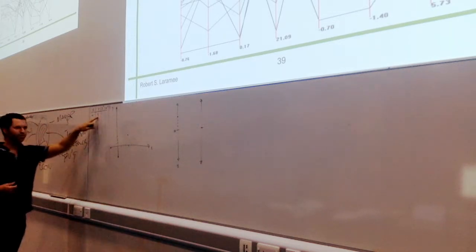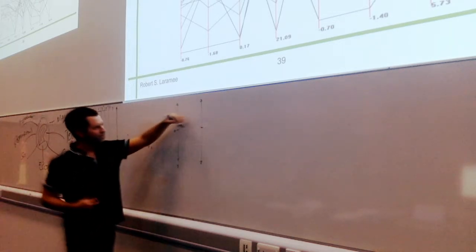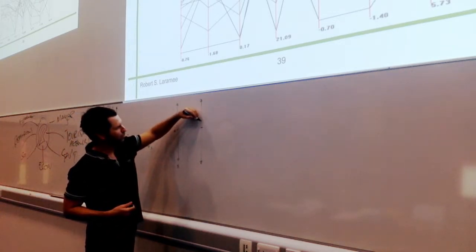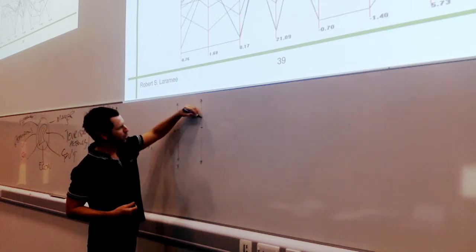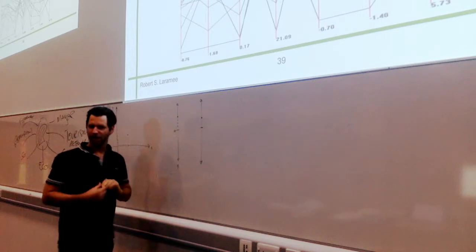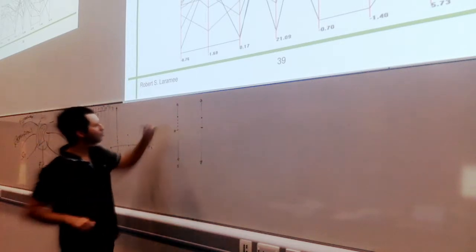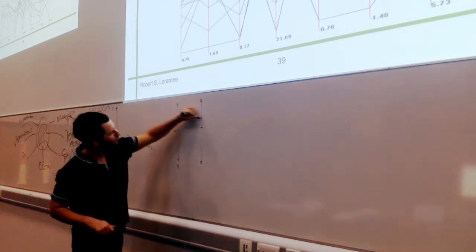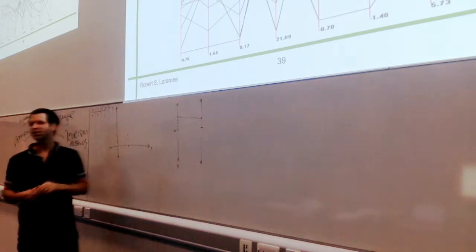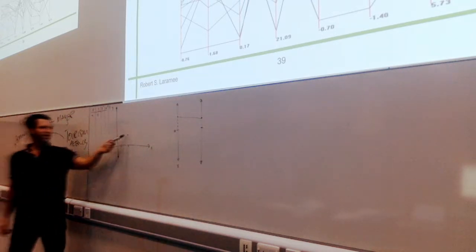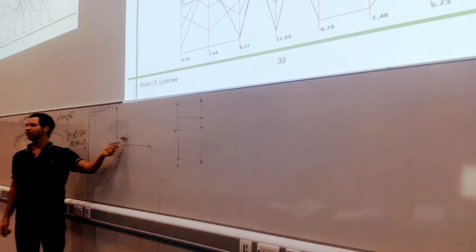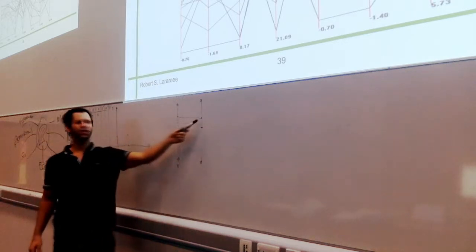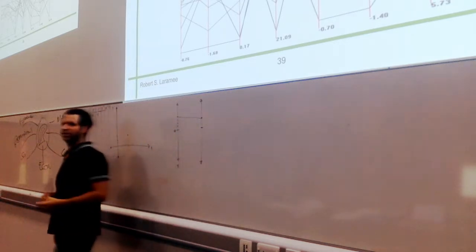Then I go up 3 units on the y-axis, 1, 2, 3, and I draw another point, and then I connect the 2 points with an edge. So this point in Cartesian coordinates turns into 2 points and an edge in parallel coordinates.